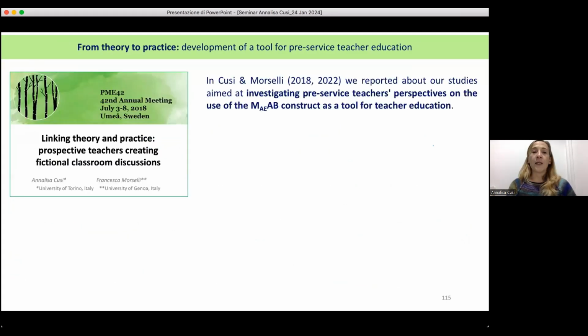With Francesca Morselli, with whom I'm working on these activities with pre-service teachers, we are developing different research studies on these aspects, and we are reporting in research reports the results of the investigation that we are doing of pre-service teachers' perspective on the use of the MAEIB construct as a tool for education.